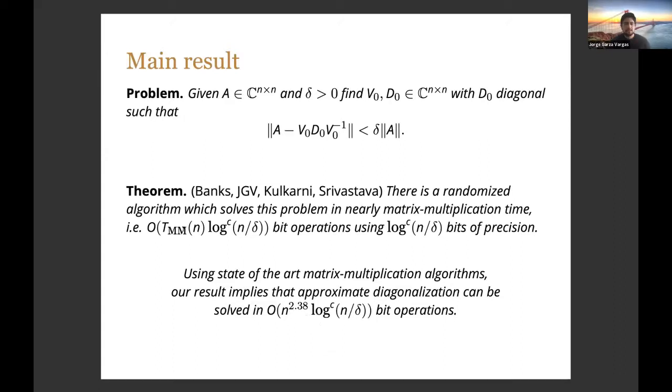It's known that you can make this smaller than n cubed. Some conjecture that the matrix multiplication exponent is n squared. So if you get a better matrix multiplication algorithm, you'll improve over this. Thanks.